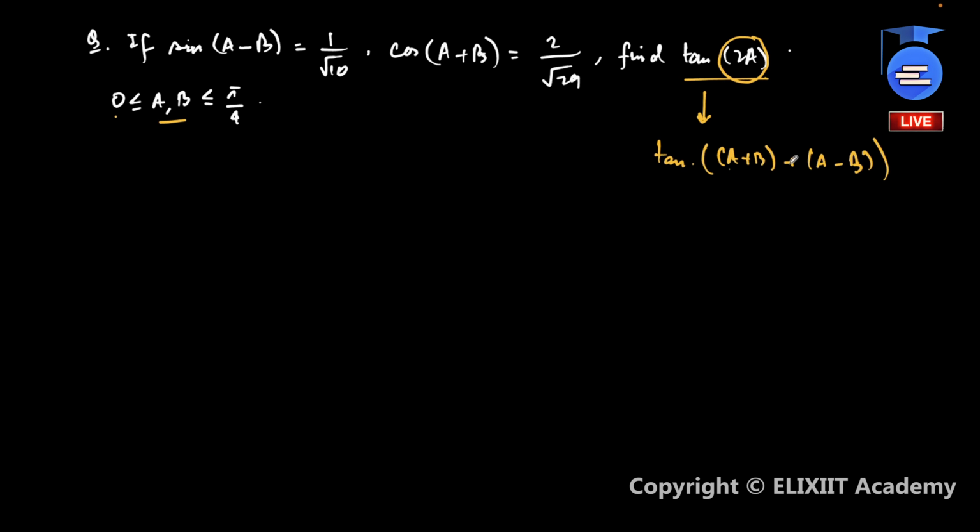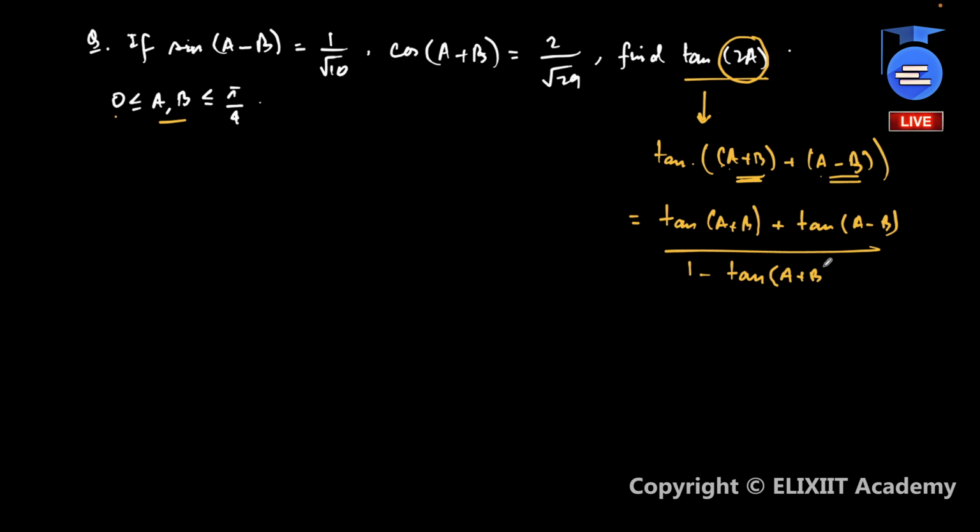So here you can see the adjustment what I have done. b and b cancel out. You are left with 2a. So a plus b is also used. a minus b is also used. Now treat this as a, treat this as b, and use the formula of tan a plus b. So that is tan a plus b plus tan a minus b upon 1 minus tan a plus b into tan a minus b.